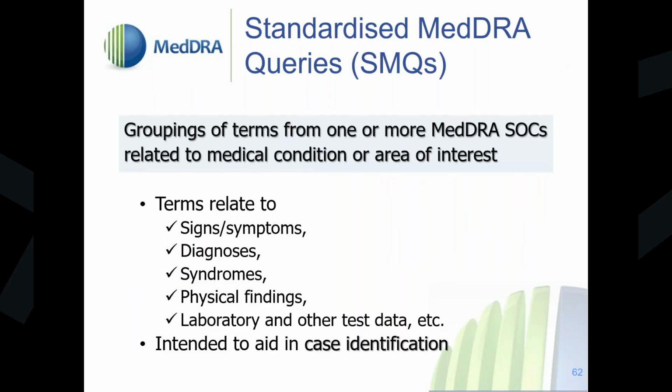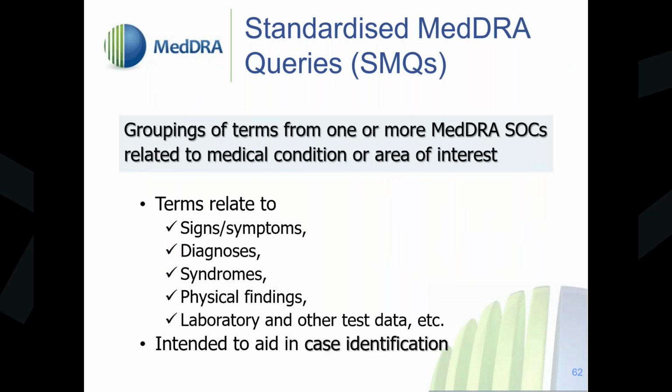Even when you're looking at secondary system organ classes, when we talked about cystic fibrosis, if we only look at the primary listings in their default primary system organ class, I'm going to be looking at it as a congenital disorder. But if I'm interested in gastrointestinal manifestations, I want to look at it in my secondary system organ class.